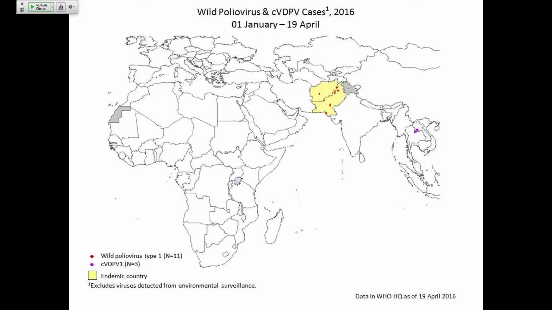We have talked about this. In fact, I just went back and checked yesterday. We're now up to 13 wild polio infections this year, all still in Pakistan and Afghanistan. In fact, the last two were also in Pakistan. So almost gone.